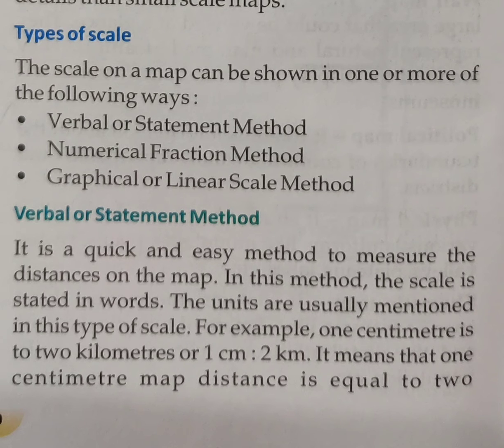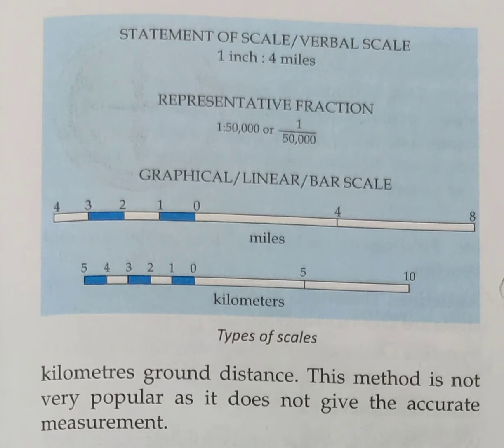For example, 1 centimeter is to 2 kilometers, or 1 centimeter ratio 2 kilometers. That means that 1 centimeter map distance is equal to 2 kilometers ground distance. This method is not very popular as it does not give accurate measurement.